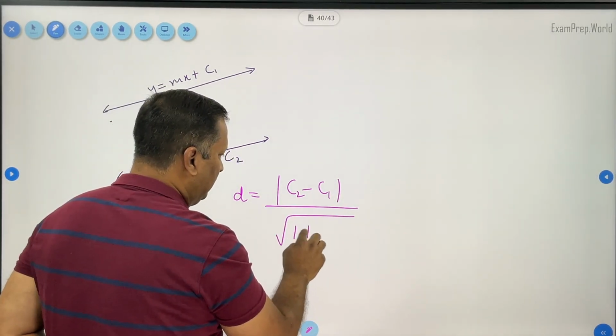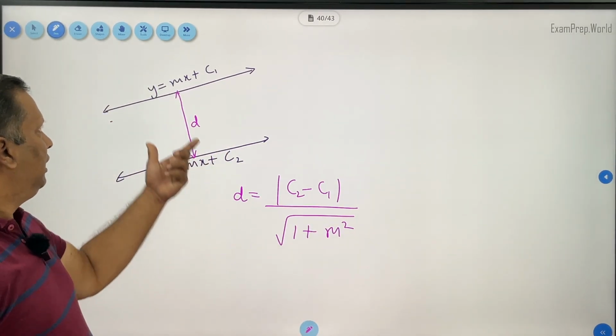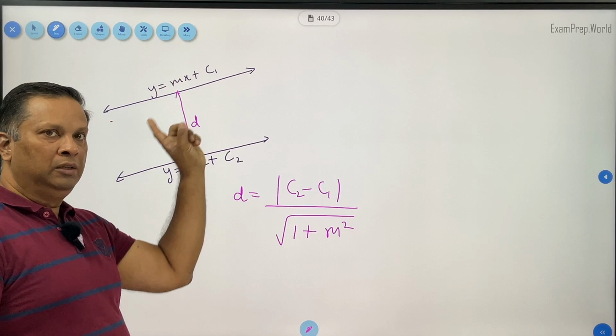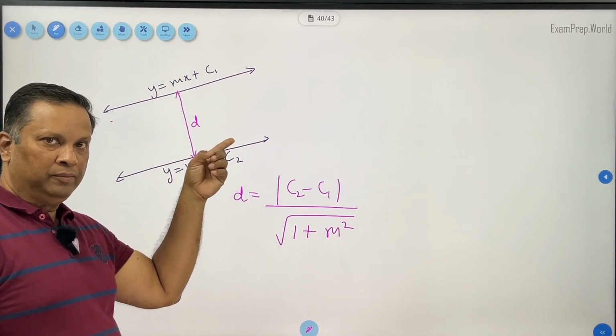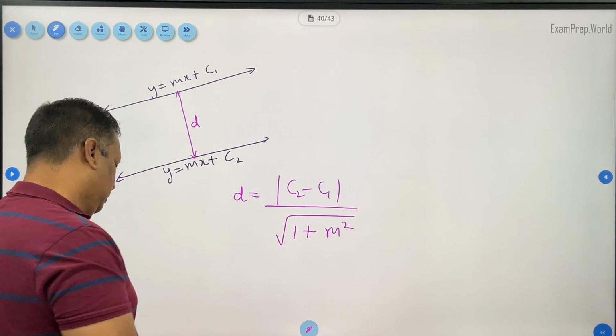This is your formula to calculate this if the lines are given in slope intercept form. Okay. Now what about if the lines are in normal form? Let's do that.